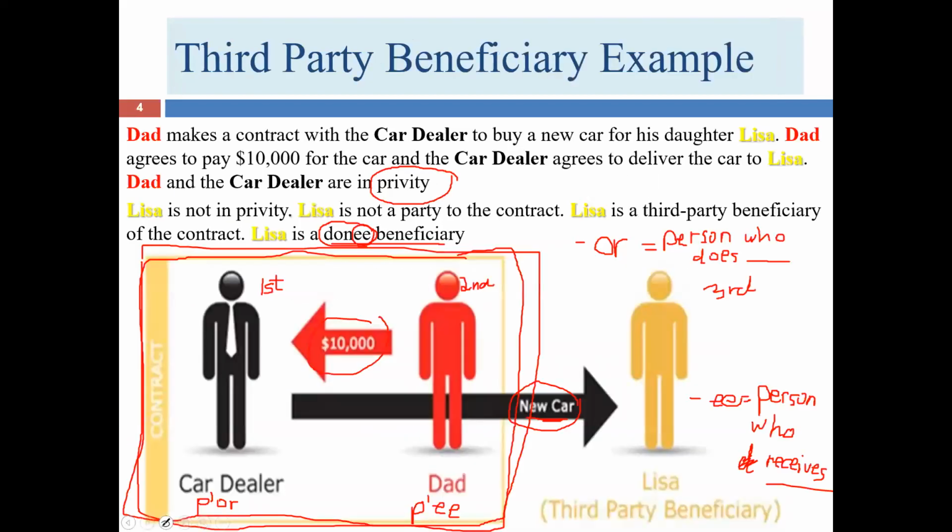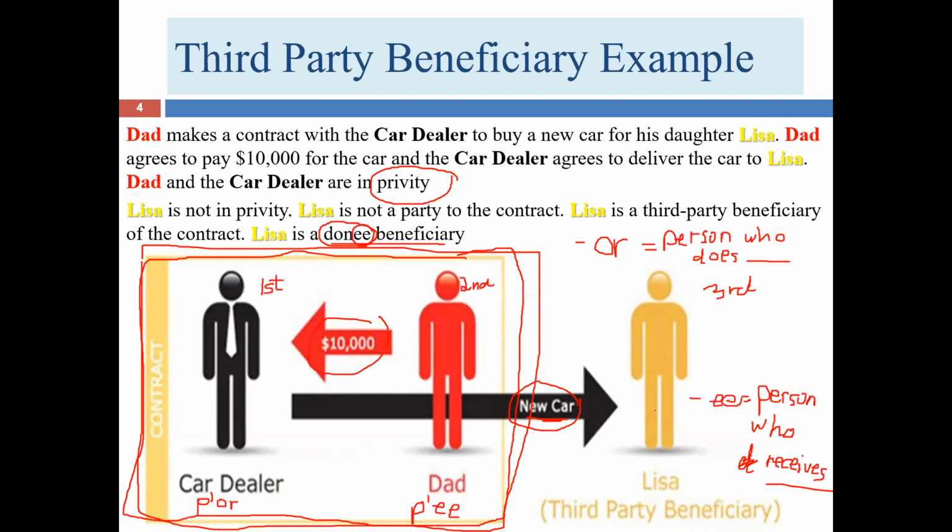Going back to this transaction, Dad specifically wanted Lisa to benefit. I mean, Dad's very unlikely to say to the car dealer, hey, I'm going to give you $10,000. I want you to give the car, I don't really care who you give it to, just give it to somebody. I suppose it's possible there's some really rich person out there that might do that, but that would be a really unusual circumstance.